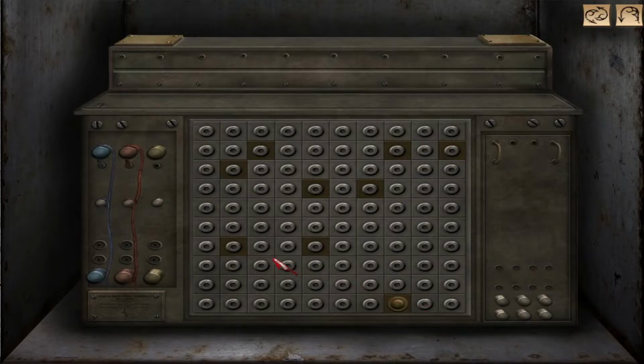What can I connect with this? I can connect that. But again, I cannot connect this. So let's... I would wish I could remove just one.